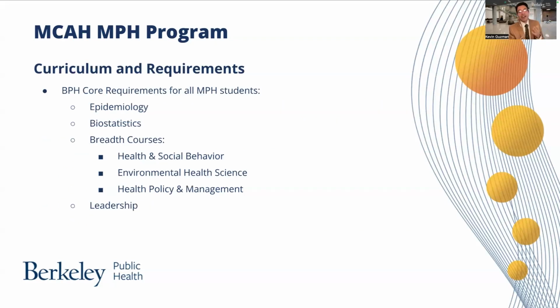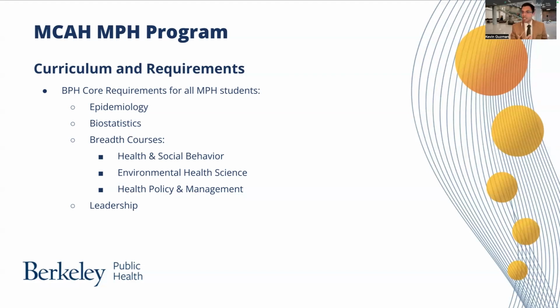Now, regardless of which program you are applying to, there are a few MCAH MPH requirements that all students, regardless of their concentration, need to satisfy. Naturally, these students will have to take courses in epidemiology and biostatistics, but they will also be required to take breadth courses in health and social behavior, environmental health science, and health policy and management.